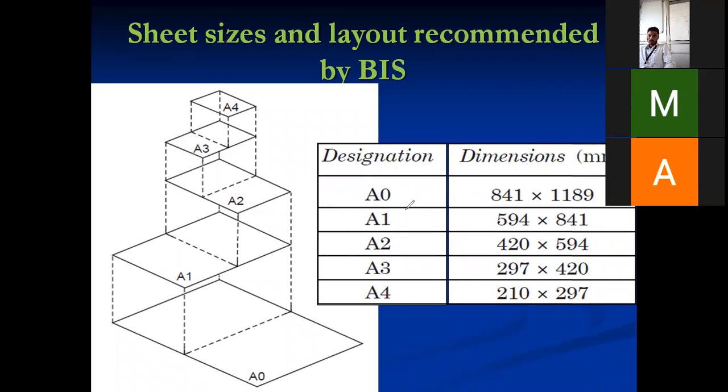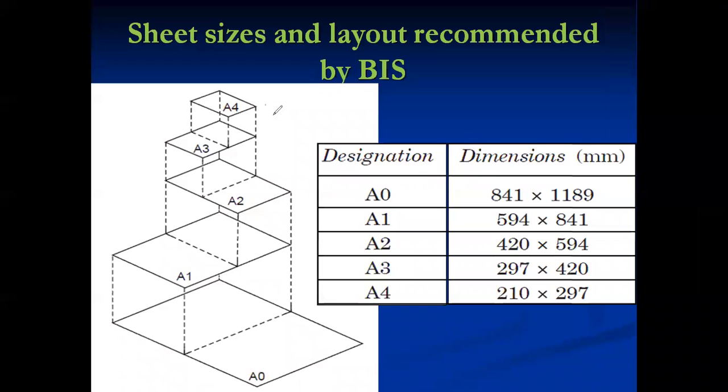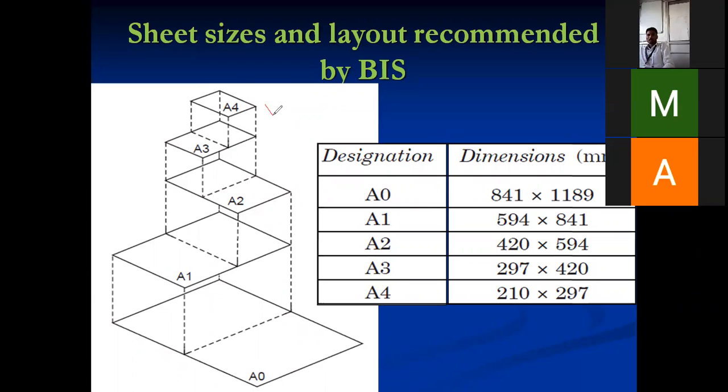Now to remember this table, see how this standard is maintained while getting the dimension. Suppose the horizontal dimension we take as x, and the vertical we take as y. So this ratio is maintained as 1 to under root 2.